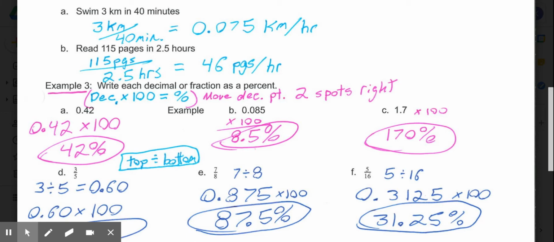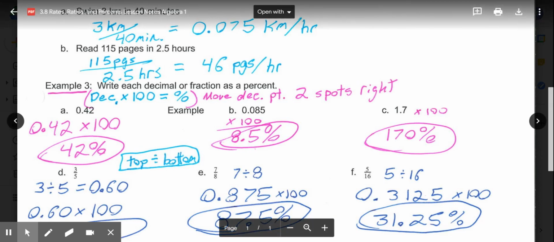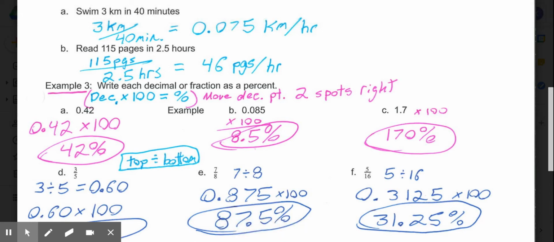Multiplying by 100 is the same as moving the decimal point 2 spots to the right. So if I have 0.42 multiplied by 100, moving the decimal 2 spots to the right gives me 42%. And B, 0.085 multiplied by 100, move the decimal 2 spots to the right, and we have 8.5%.